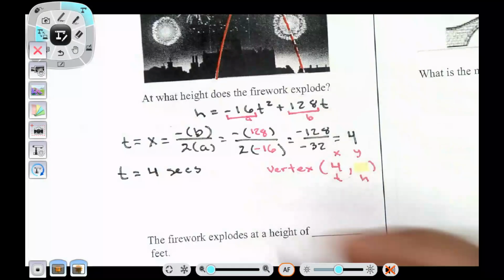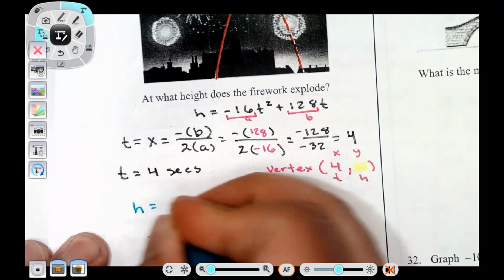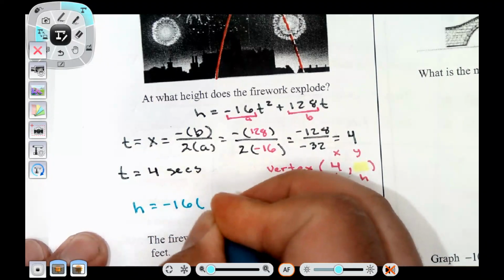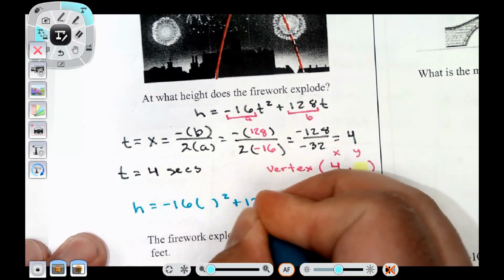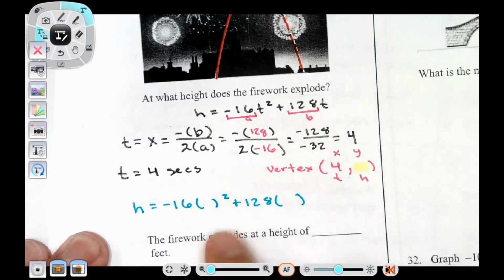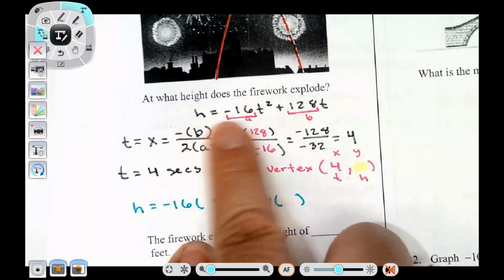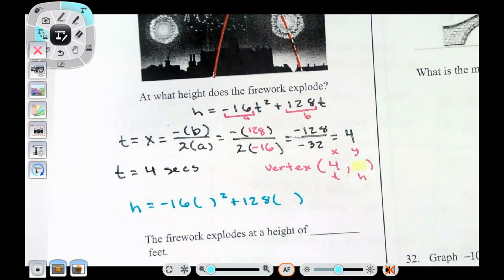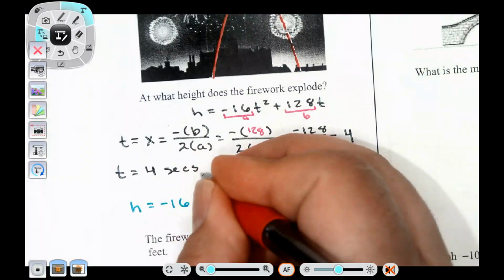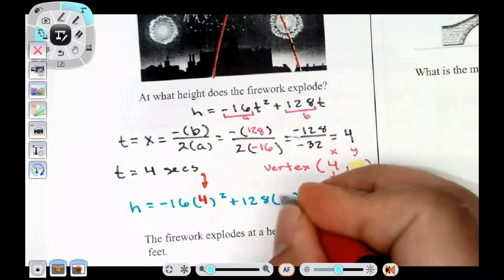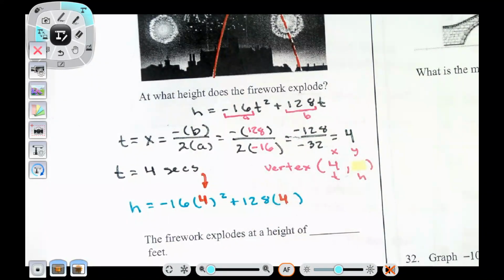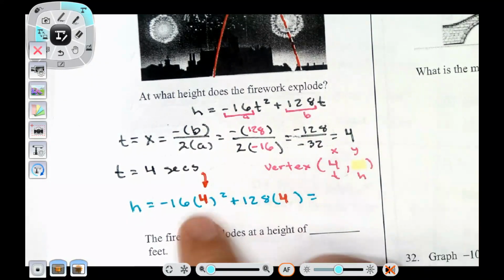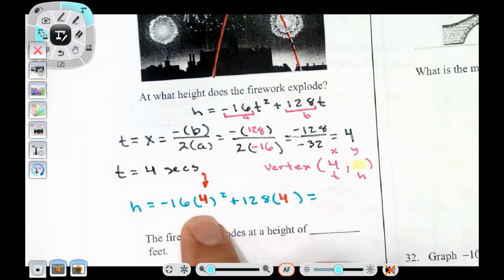I'm going to take that equation, h equals negative 16 t squared plus 128 t. But notice, we read the letter. That was me reading the equation, but I don't write the letter down. Instead, what are we putting in there? The 4 for the 4 seconds. Now we just let the calculator completely take over. And again, take a moment, type this in.